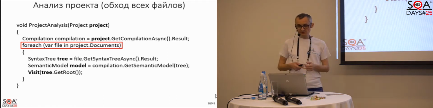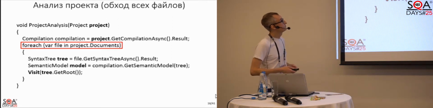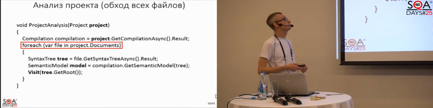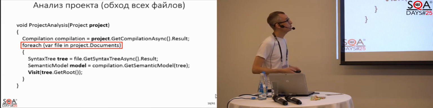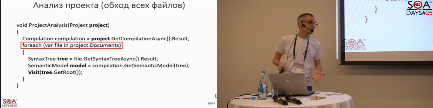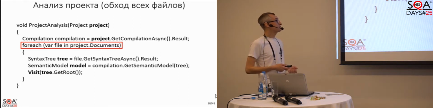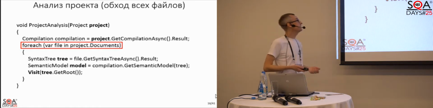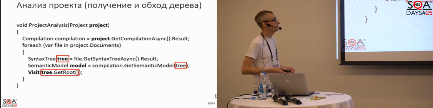Here, it's quite simple. Again, we receive the compilation object. We see here that we receive the project's object, and we simply make a review. We have an enumeration of documents in this project. The file is exactly the document. Using Roslyn terminology, we simply review all these basic files, source files. For each, you can get a file. You can get a syntax tree. All the methods are standard.